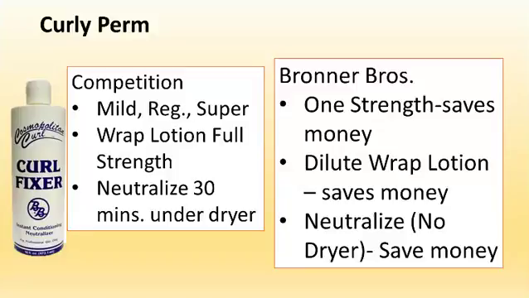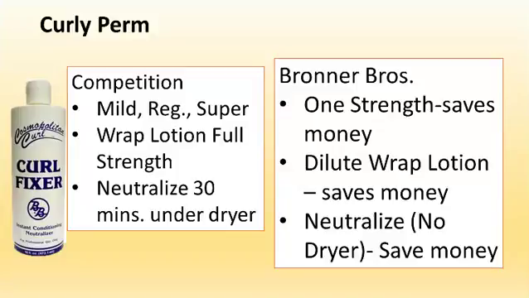Well, with the company that we were representing, dilute the wrapping solution, 2 parts water to 1 part wrapping solution, it would go twice as far, again, saving the hairdresser and that beauty school some money. Those are significant savings for them. But here's what really turned the trick for that beauty school.